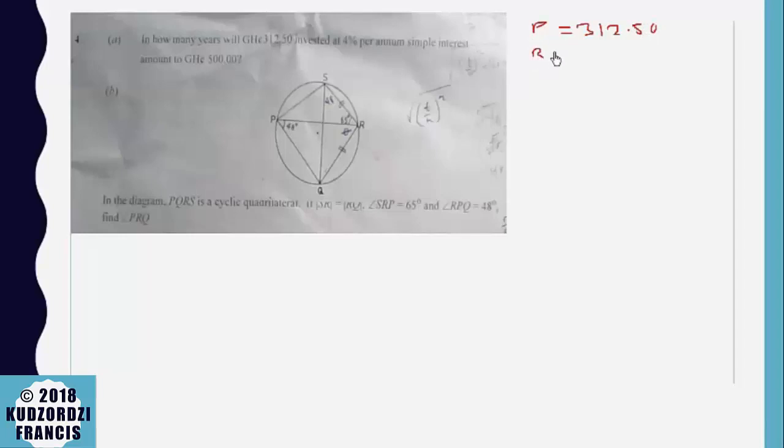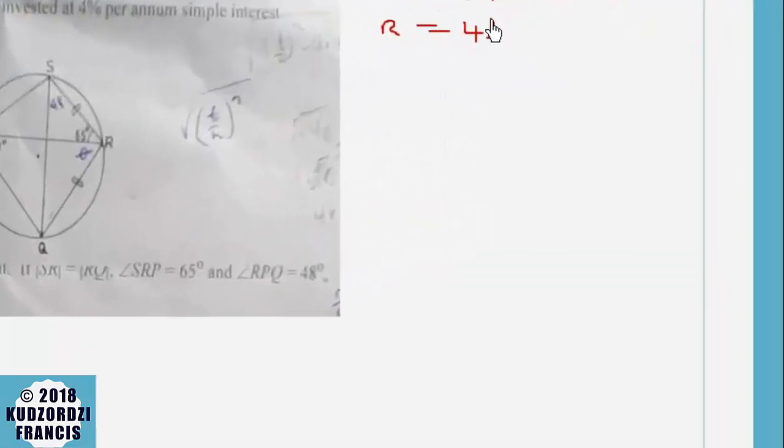Then we're also given the rate, which is 4%. We're not given the time. Then we're given the amount to be equal to 500.